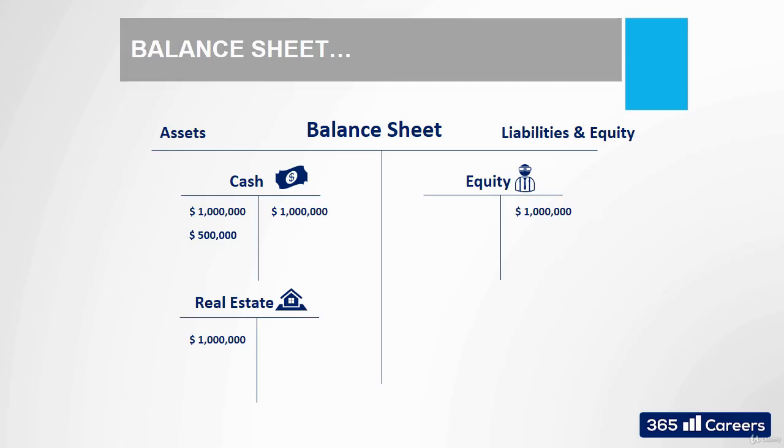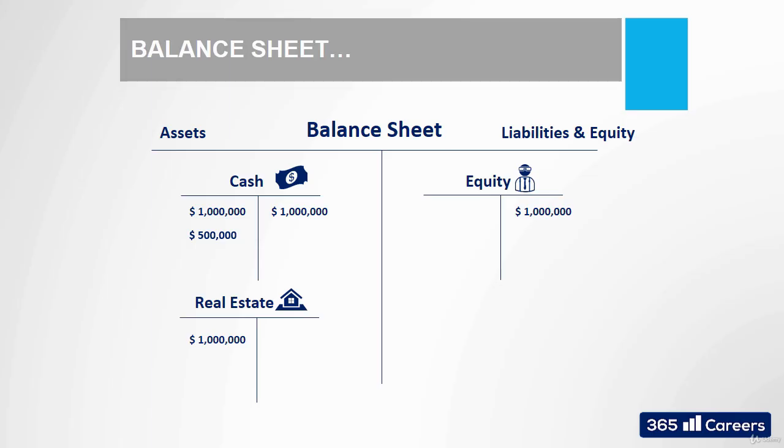Now we need to think of a second transaction that will restore the balance in our equation. The firm received a bank loan, right? So now it owes $500,000 to the bank. We need to show this on the balance sheet. It will be on the right side of the balance sheet, given that it is a liability.